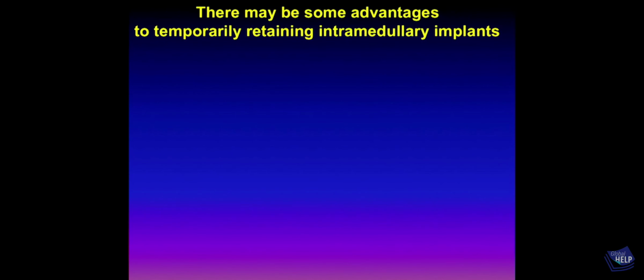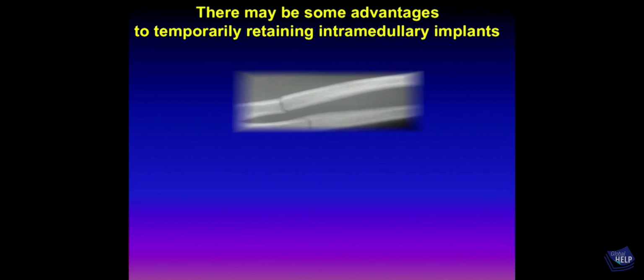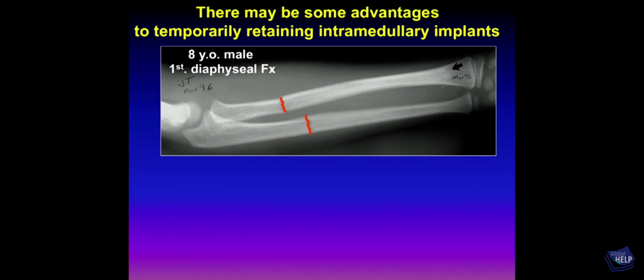Now, there may be some advantages in temporarily retaining intramedullary implants. Here's a patient who was an 8-year-old male and had some behavior problems. I think he might have been a little bit autistic or Asperger's, and he was pretty active and had a single mother and had some real discipline problems and was very, very active.